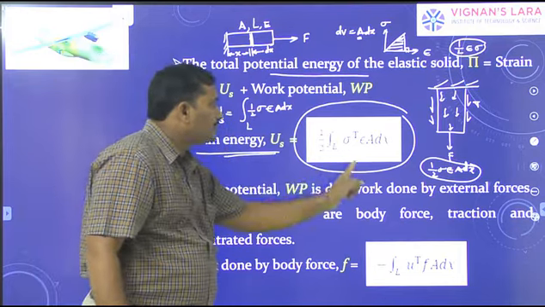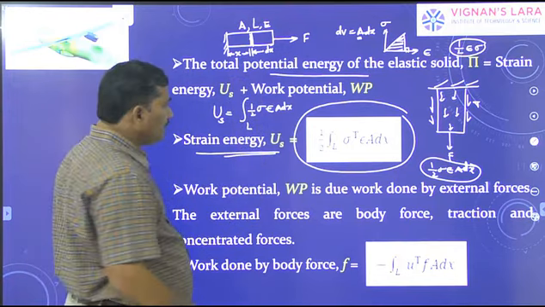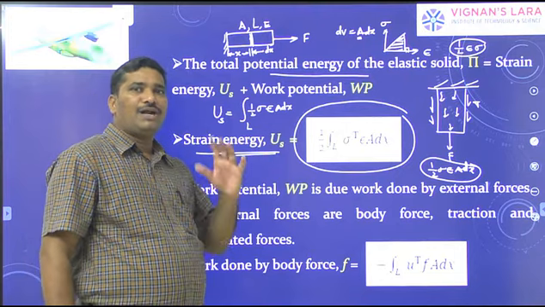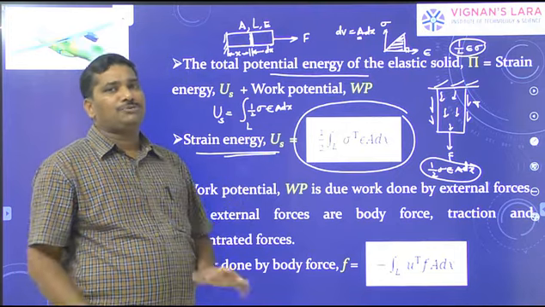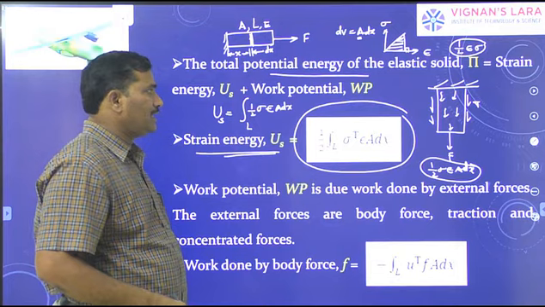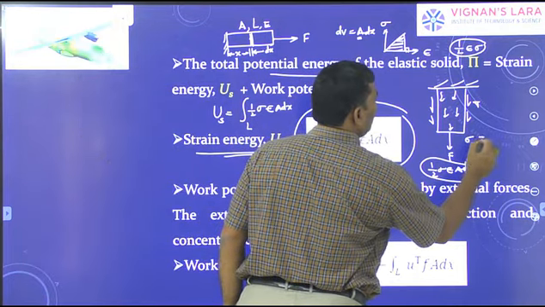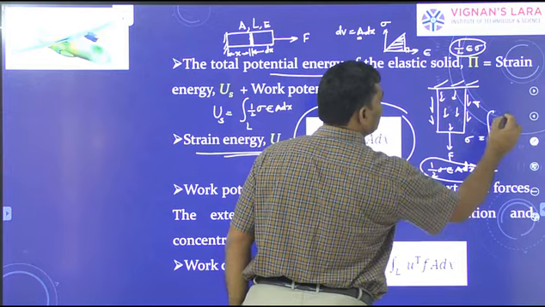That is what I have written here. You need not worry about this transpose, because for one-dimensional problems, sigma transpose is the same as sigma. The reason is, if we observe the stress matrix sigma, how many components does it consist of?